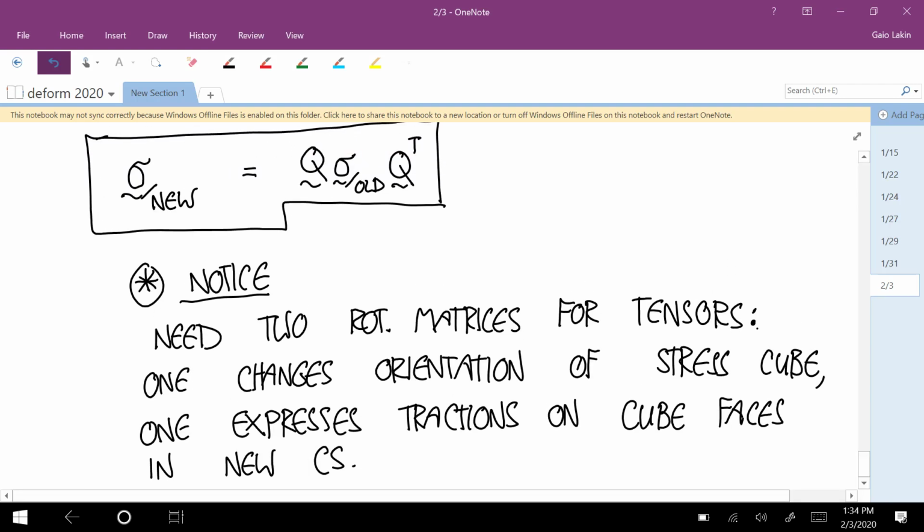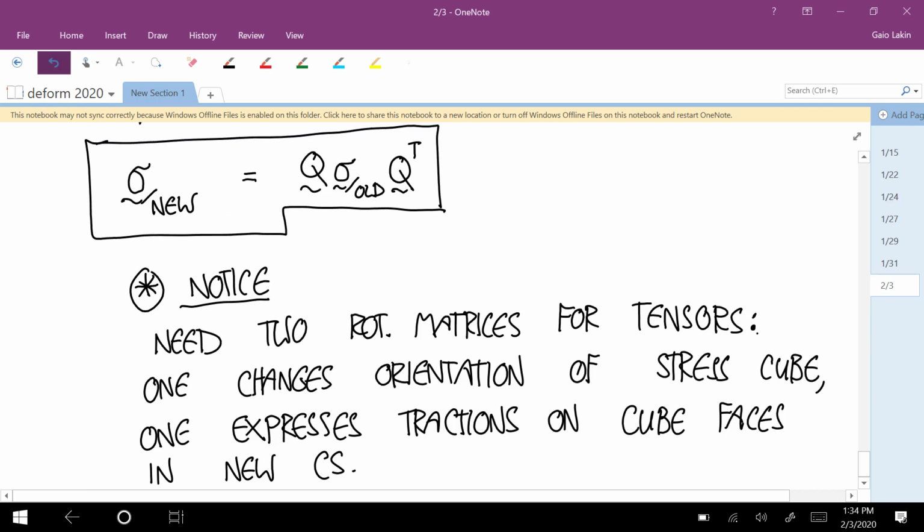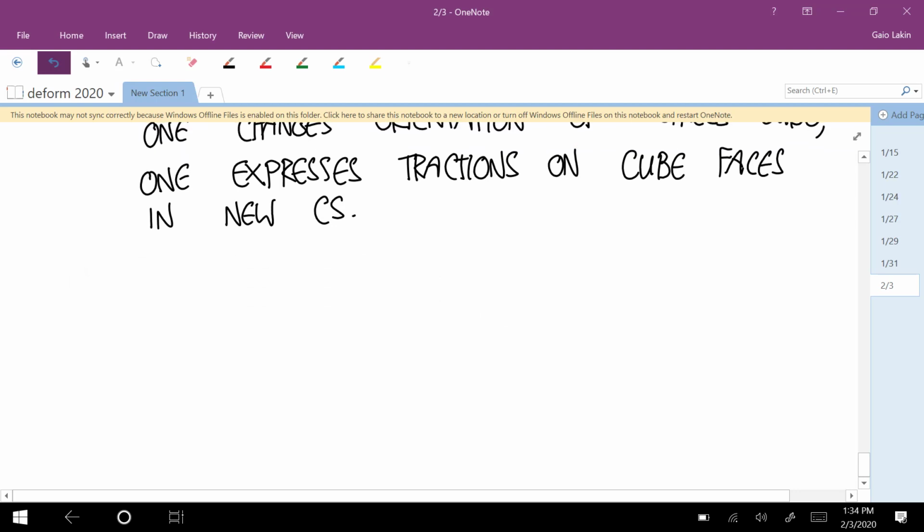Let's see. We could think through that. If you think about it in terms of tractions on faces, remember the traction is equal to the stress tensor times the outward facing normal. Okay. I think I would just very slowly stumble through this if I tried to do it right now.